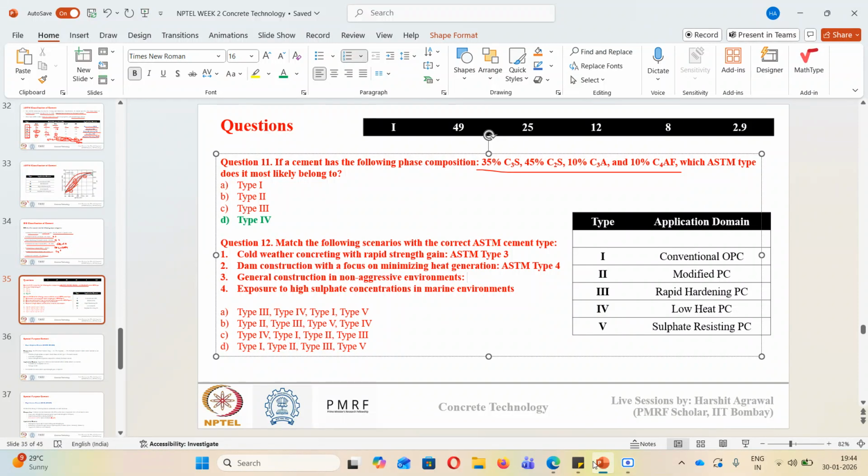Okay, so generally for an area where the construction has no issue, there is no demand for high strength initially or low heat initially, I can go with standard cement, which is ASTM type 1. And for sewage area where it is exposed to high sulfate concentration, which cement type should I use?